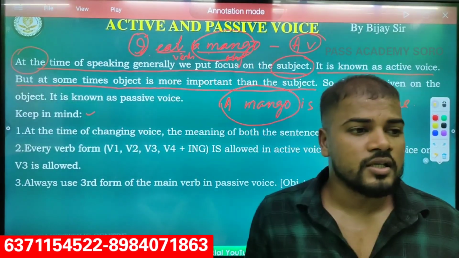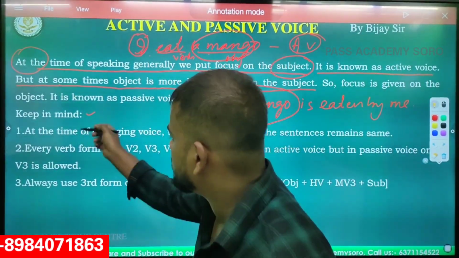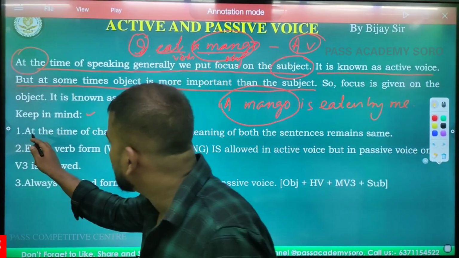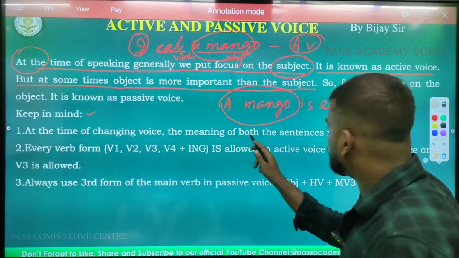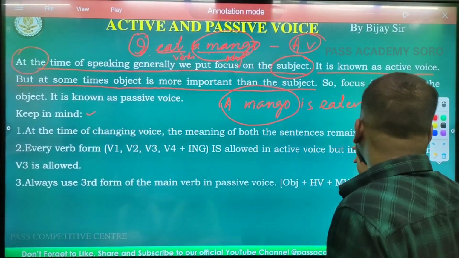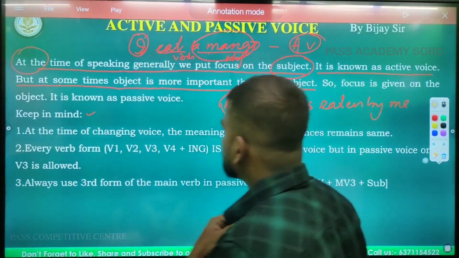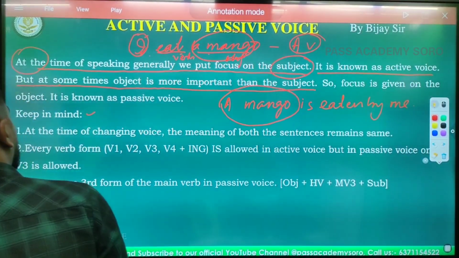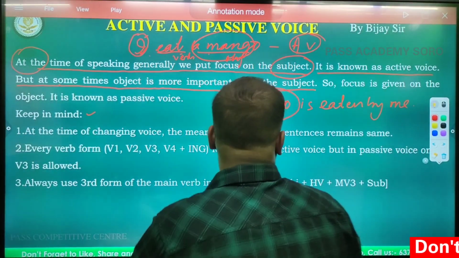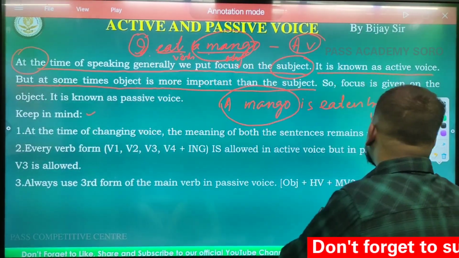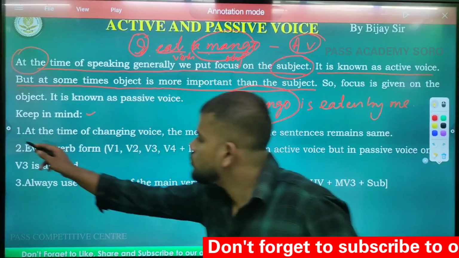Then keep in mind certain key points, dear students. Try to remember all these things. It's very necessary. At the time of changing voice, the meaning of both the sentences remains the same.